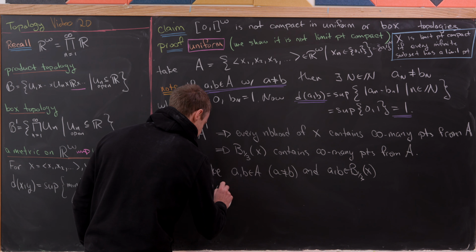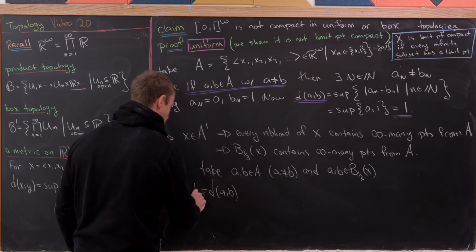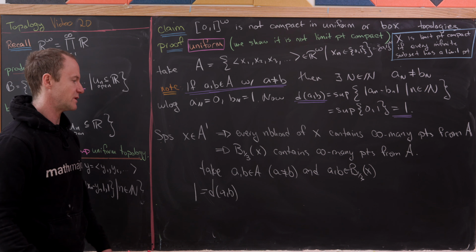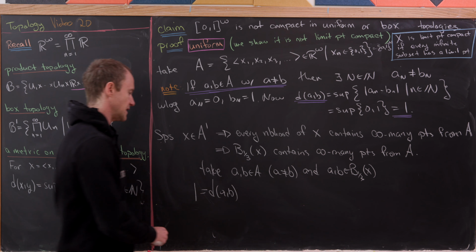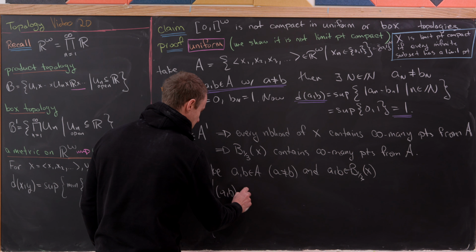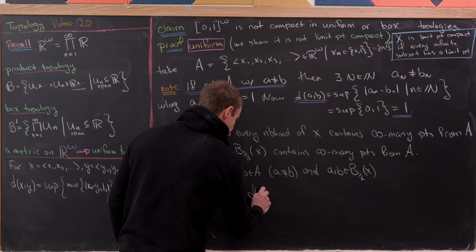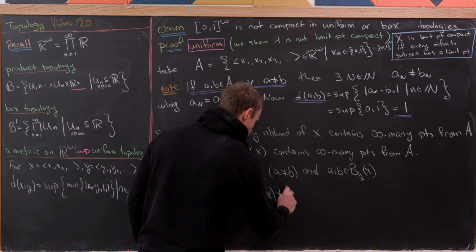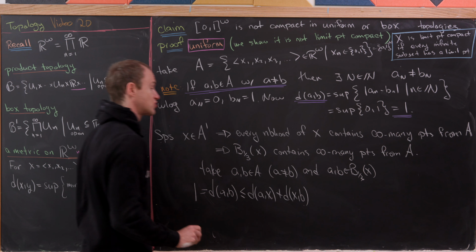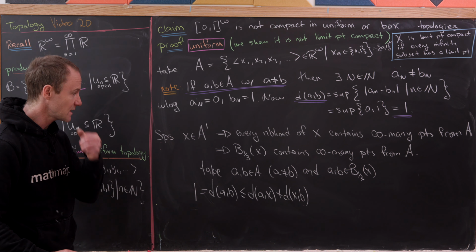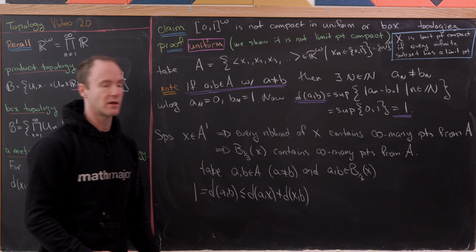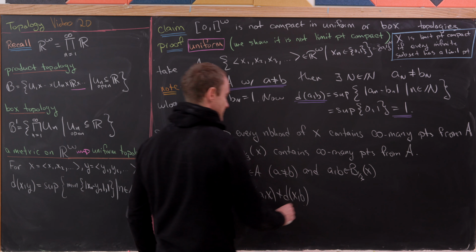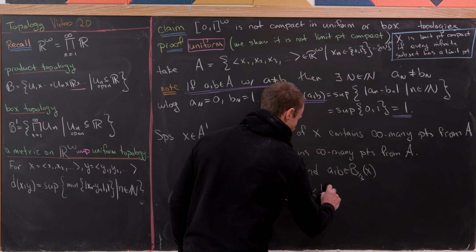So let's notice that the distance from a to b is equal to 1 by this observation we made right here, because a is not equal to b. But then that's going to be less than or equal to the distance from a to x plus the distance from x to b by the triangle inequality. But since a and b are in the ball of radius 1/3 centered at x, those distances are less than 1/3.